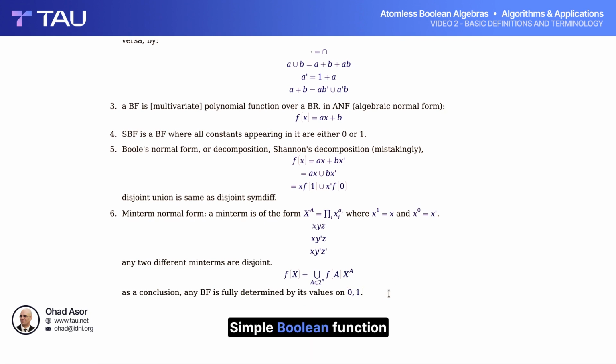A simple Boolean function will always return 0 or 1 as long as its input is 0 and 1. But for a general Boolean function, you can plug in 0 and 1, but what you get is not necessarily 0 or 1.